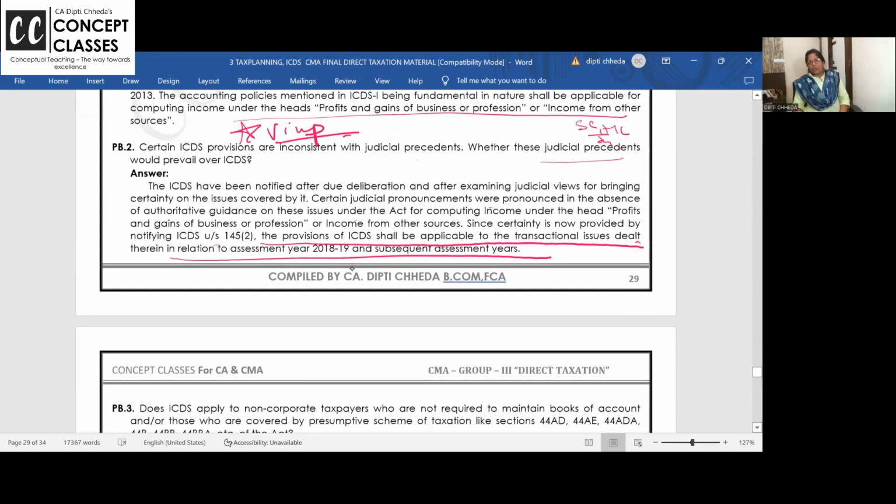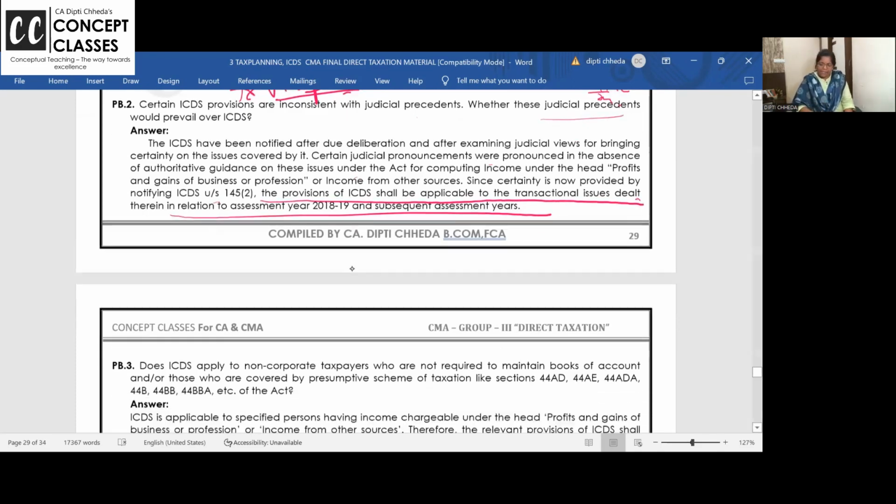But before that, whatever judicial pronouncement says applies. Here they have not given it, but sometimes they give retrospective effect also, not required for revision, but just saying. In short, the day ICDS is applicable, after that judicial pronouncements have no meaning. ICDS has clarified the pronouncement, so ICDS will be applicable.